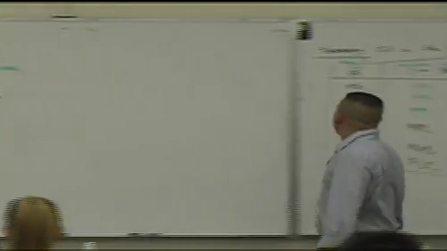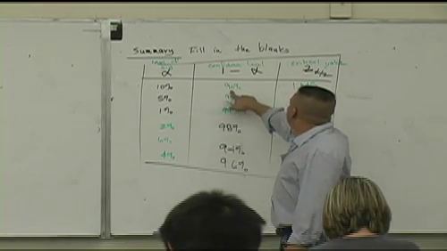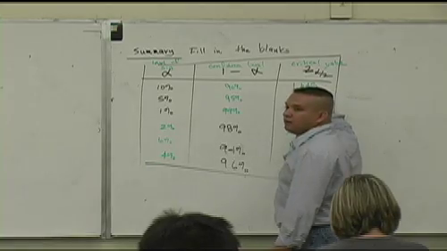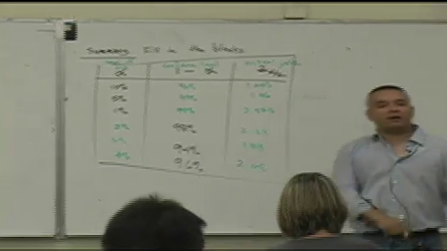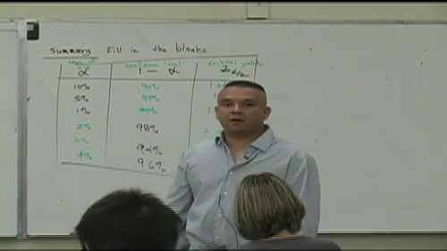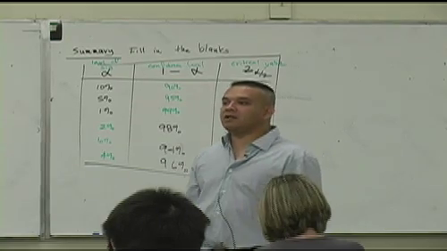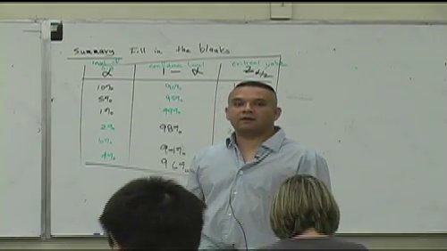Now, we summarized all that information here. If it's a 90% confidence level, what's the critical value? 1.645. Okay, so guess what you're going to have to do on a test?